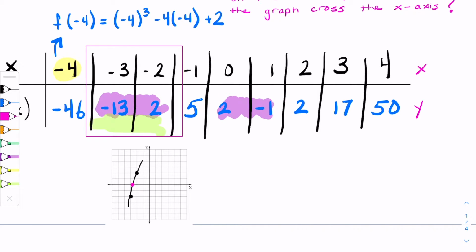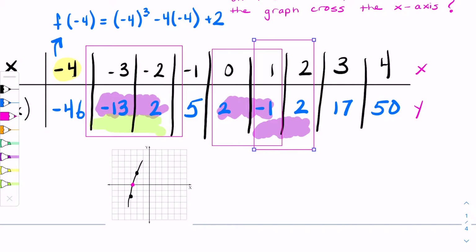And we also have a change in values between 0 and 1, and another between 1 and 2. So we have 3 changes from negative to positive or positive to negative.